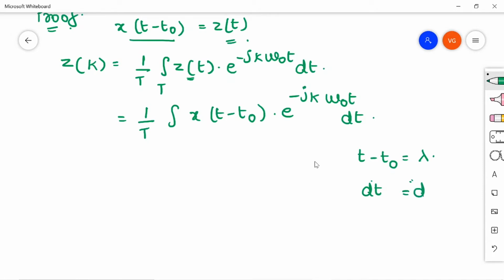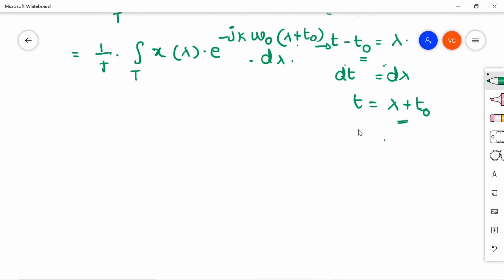So dt will be d lambda, because t naught is some constant. Shift by minus 2, 3, 4, any number, that will be constant, right? So now dt will be d lambda. Then what happens to t? From this, t minus t naught is nothing but t is equal to lambda plus t naught. Now we are completely changing the variable of integration from t to lambda. Let us do that.